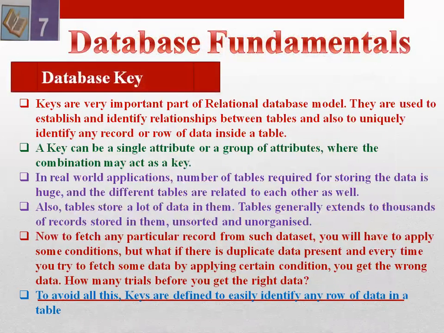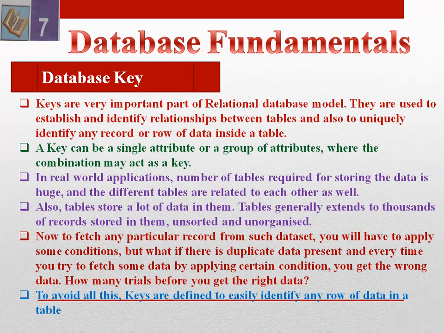Keys are a very important part of the relational database model. They are used to establish and identify relationships between tables, and also to uniquely identify any record or row of data inside a table.